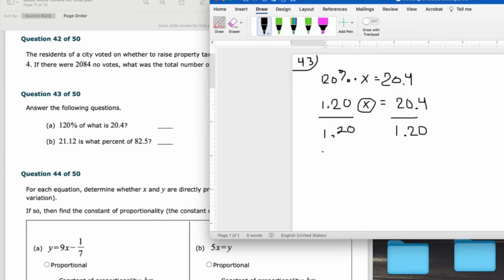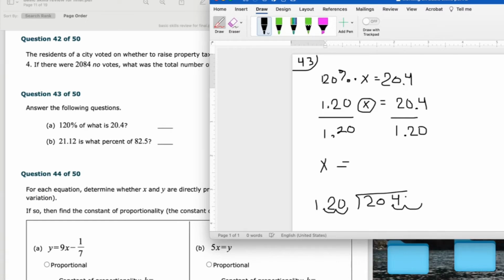So x equals 20.4 divided by 1.20. Now this decimal will go over 1, 2, and this decimal will go over 1, 2. So our new decimal is right here at the end.